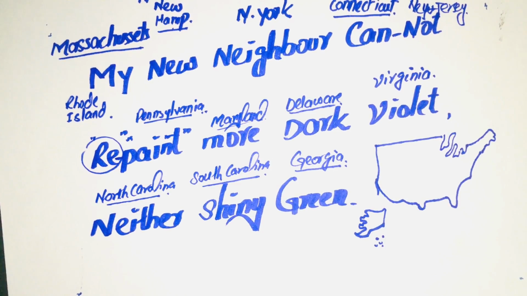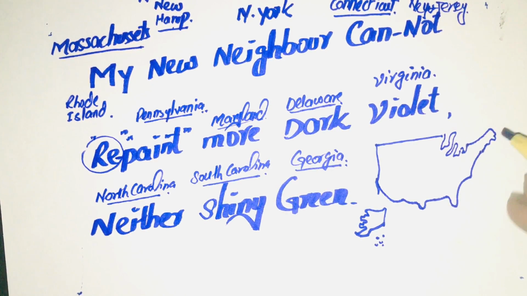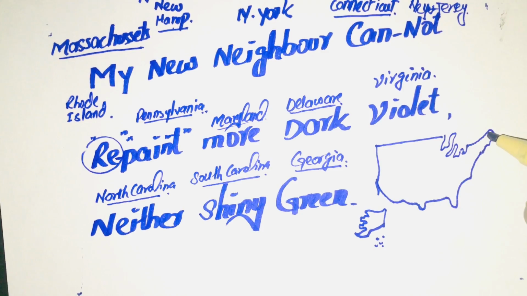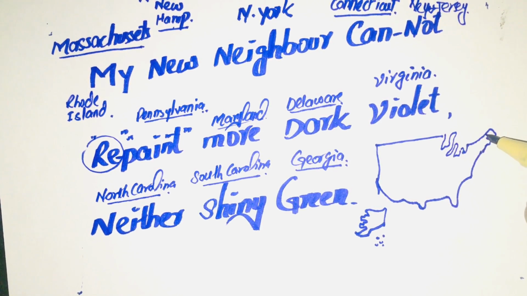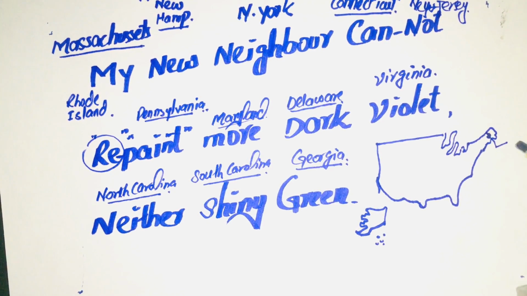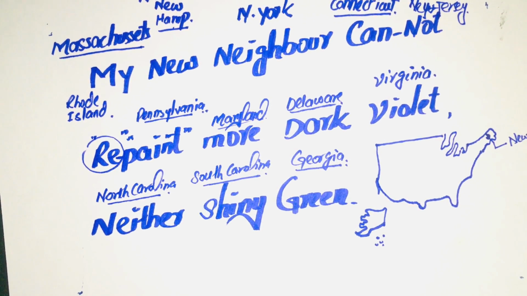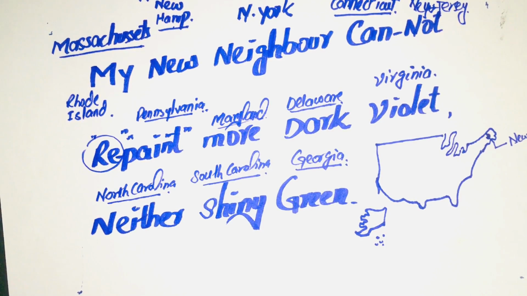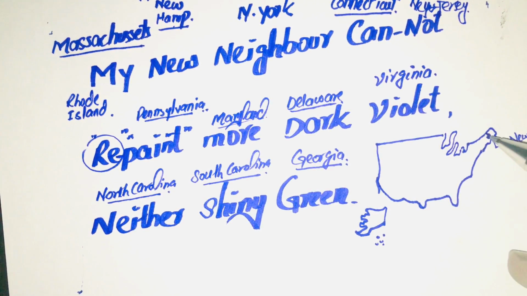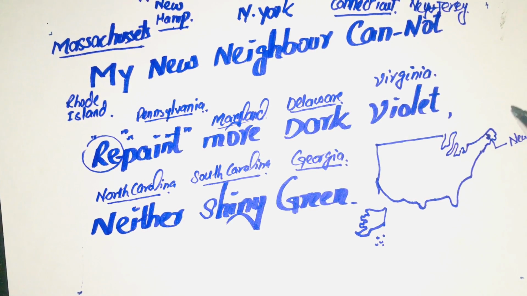On the map, if I show you, first of all, the first colony, this colony at this point, this is New Hampshire. And the second colony, which is located, I will try to tell you the things which are in the actual screen.